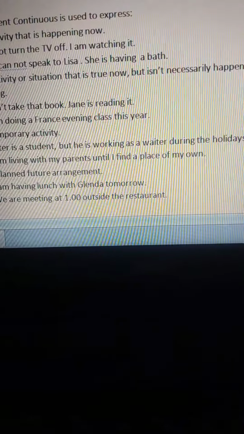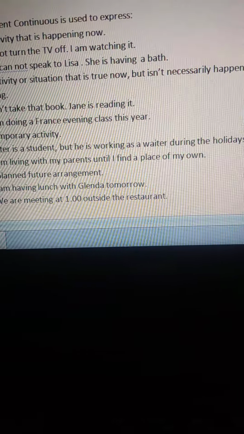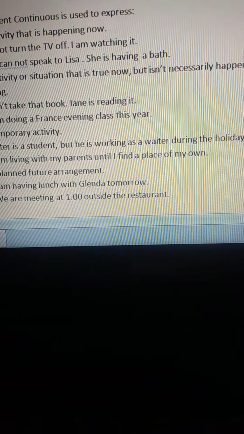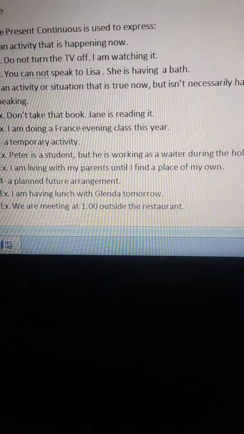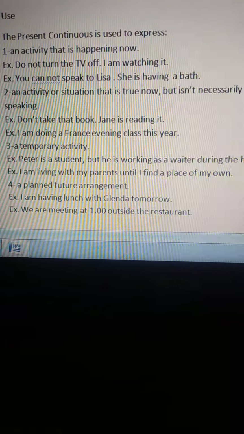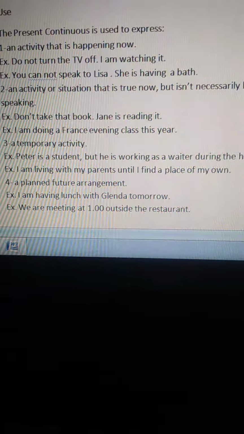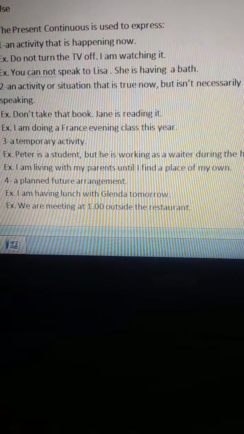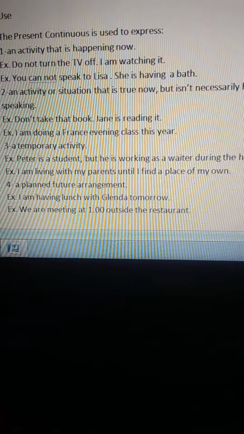He refers to the subject, is refers to the auxiliary verb, working refers to the verb. The second sentence: I am living with my parents until I find a place of my own.